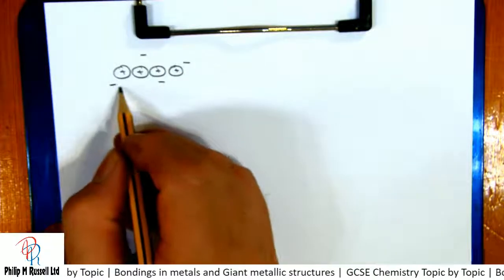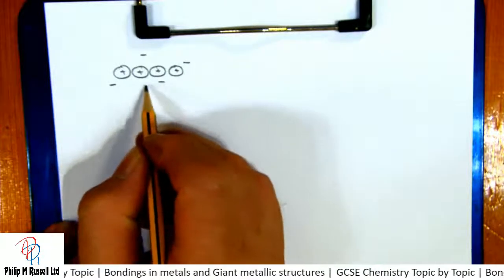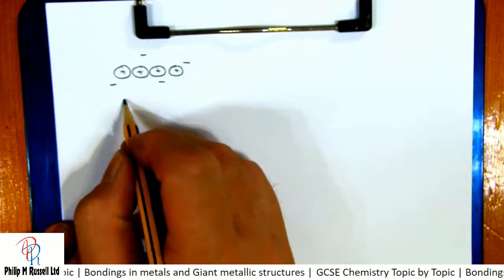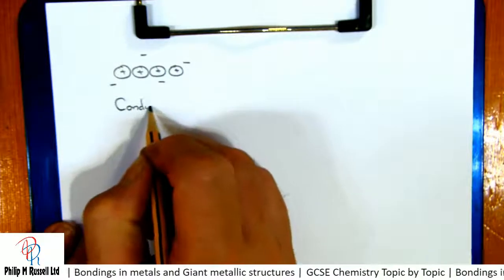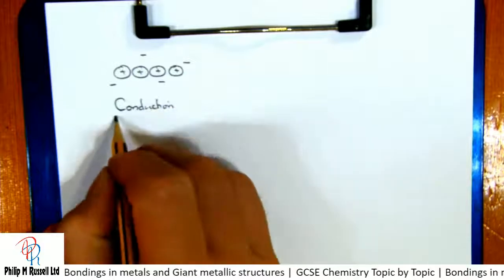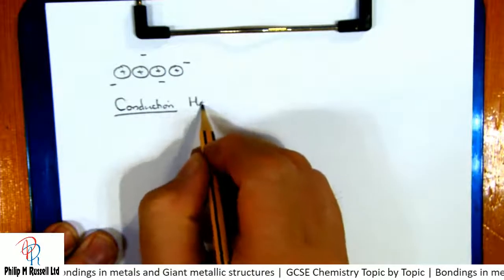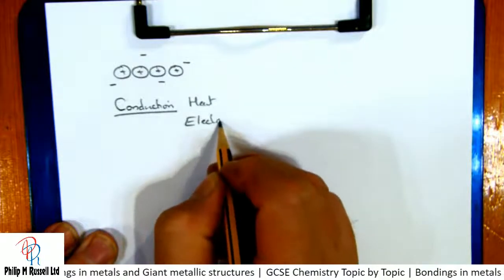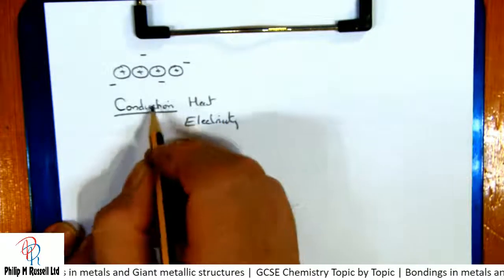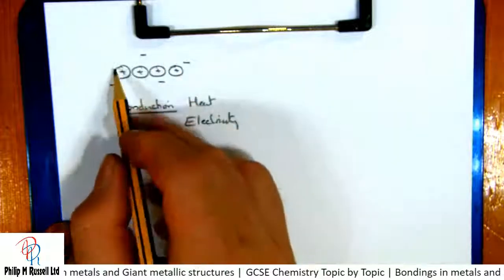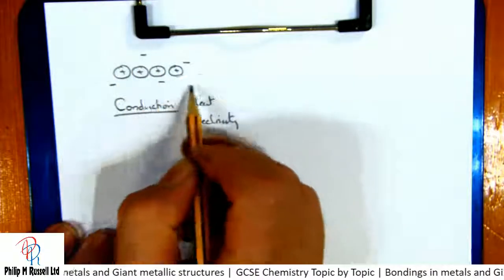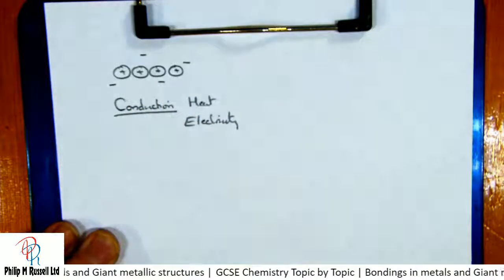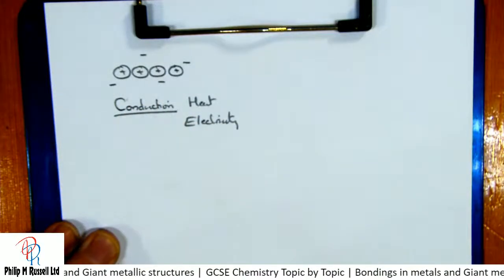Now these electrons are free to move, and this allows for conduction, basically of heat and electricity. So conduction of heat and electricity, because these little electrons can move around freely. So that's one important property.